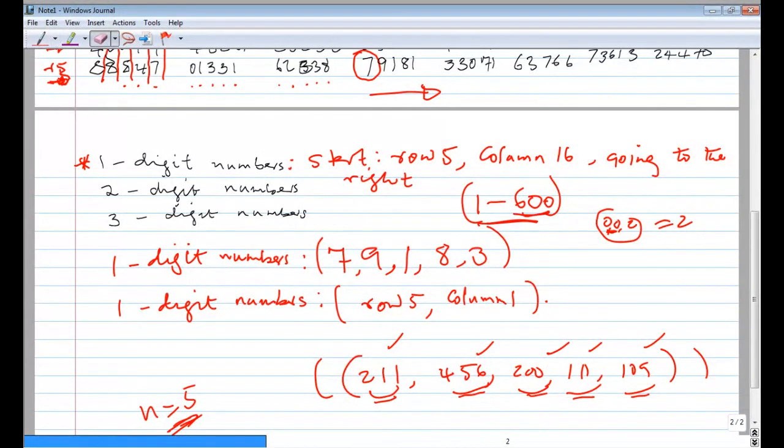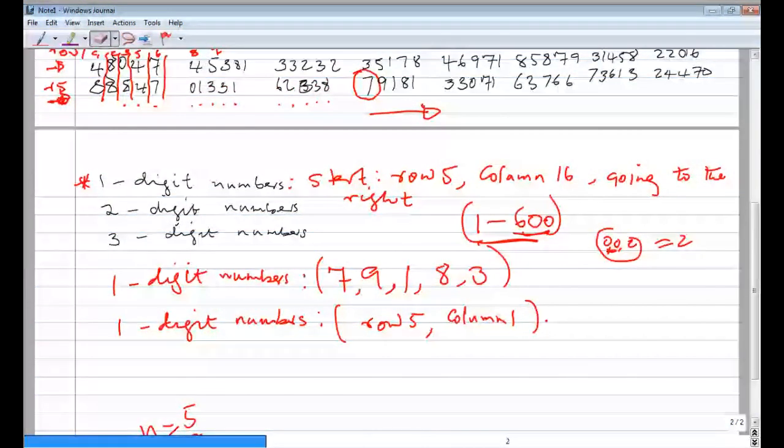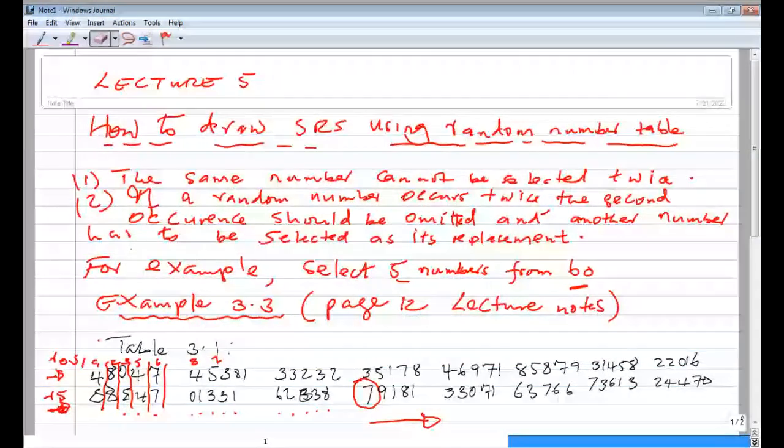Let me erase this one because I was just explaining. So let's go back to the 1-digit number. In this case, we are starting from row 5, column 1, again going to the right.